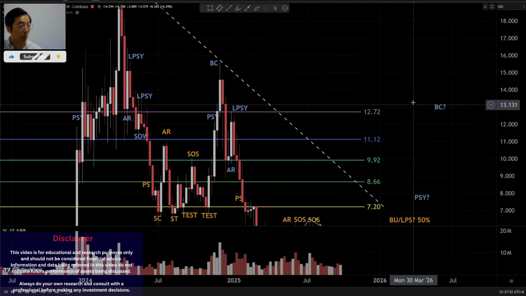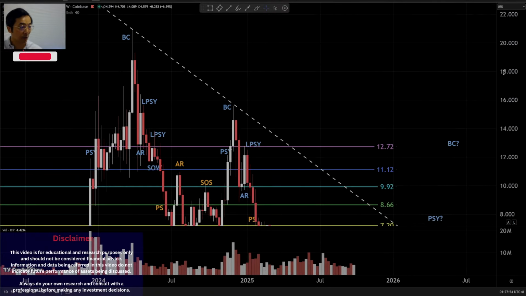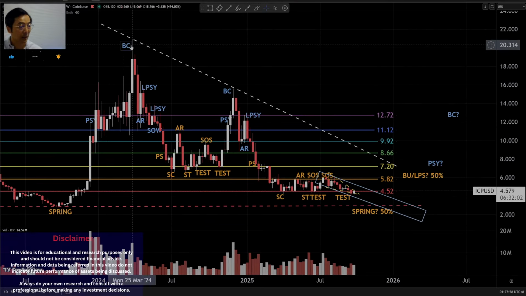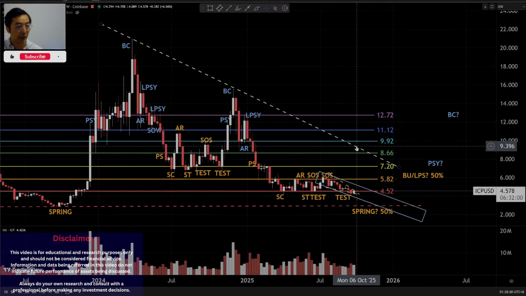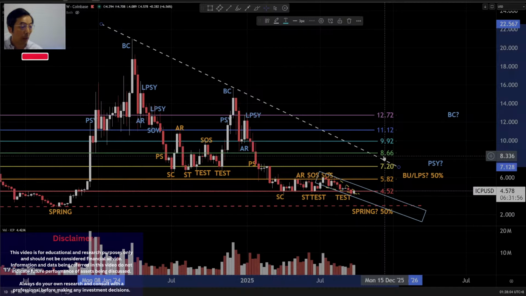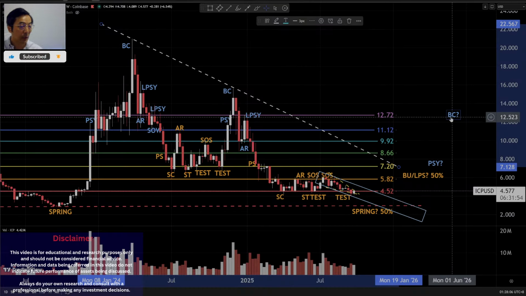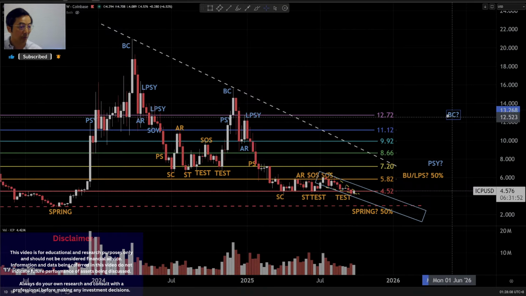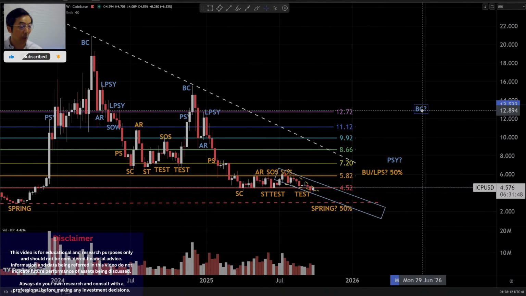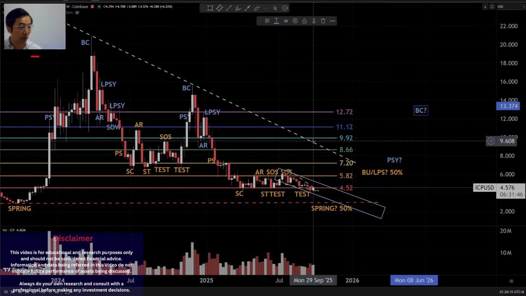And if you're new to this session, you notice this white dashed line. This is a declining peak trend line that I've been tracking across multiple cryptocurrencies. The meaning of it is, when we have finally got our buying climax for this cycle, we hope that it goes above this trend line.